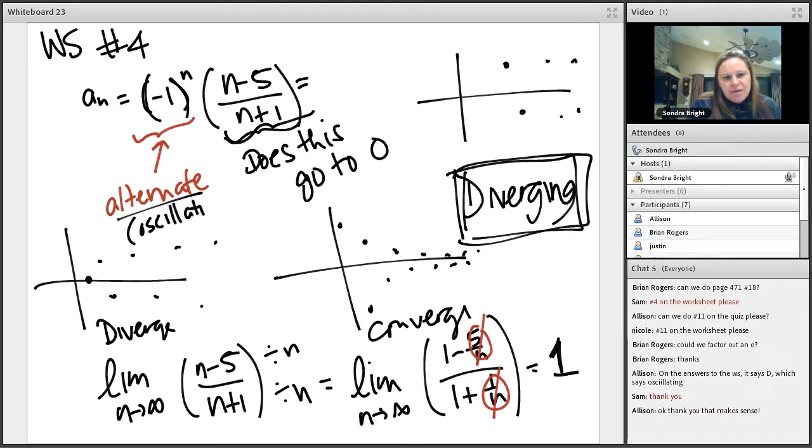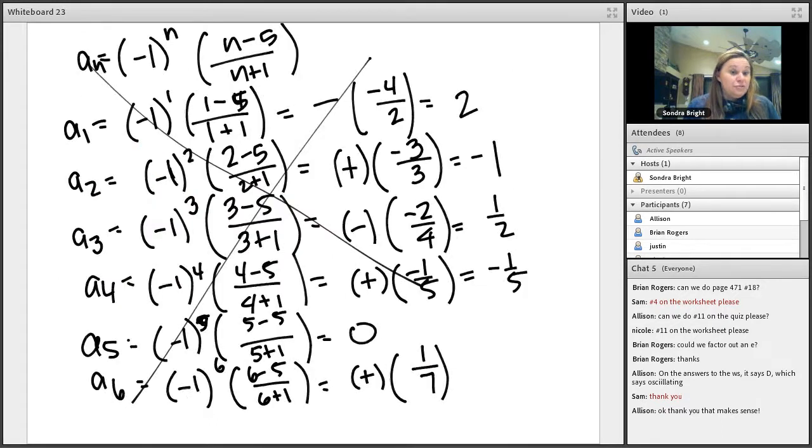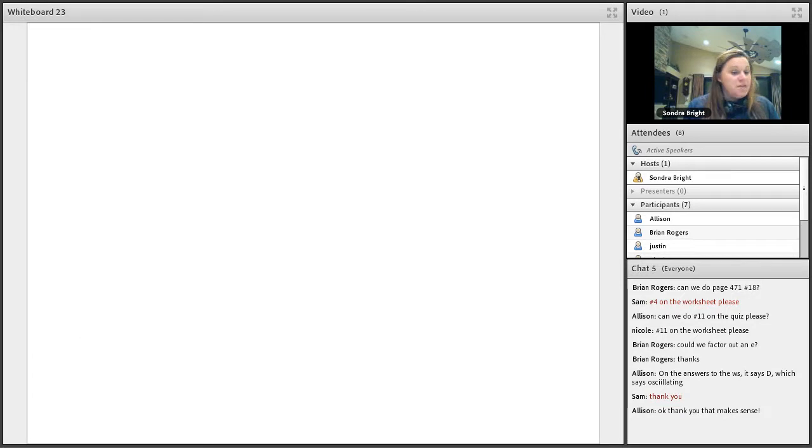But just because something oscillates does not mean that it diverges. You've got to look at this second term right here, because if that goes to 0, then it converges to 0, even if it's bouncing back and forth between positives and negatives. You're going to learn more about that in chapter 10 when we do sequences and series.